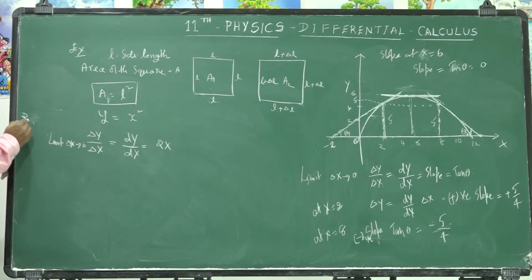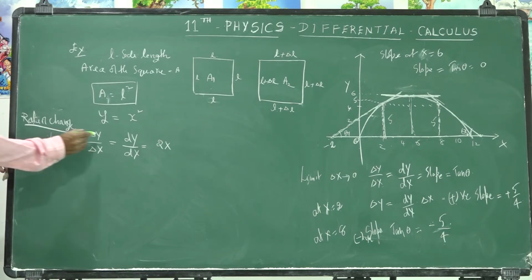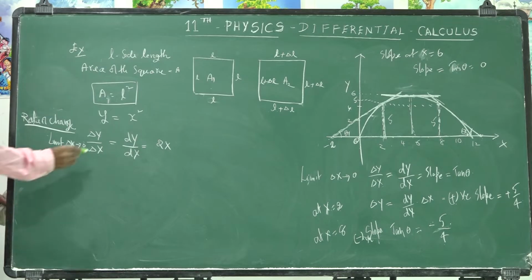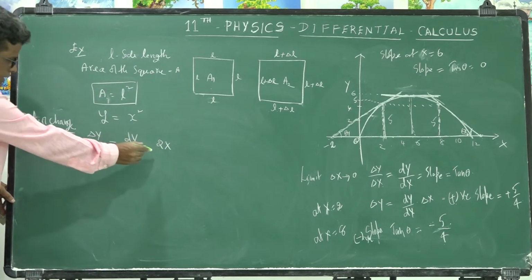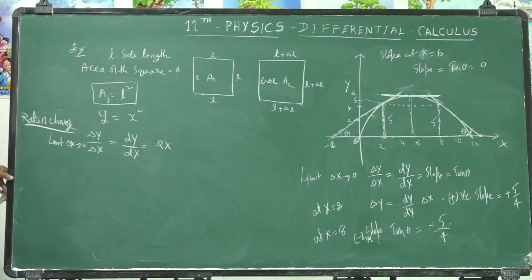This is the rate of change, dy by dx is equal to 2x. So I derived this one. Similarly, generally I am extending this.